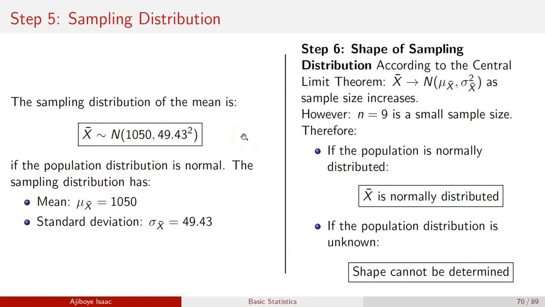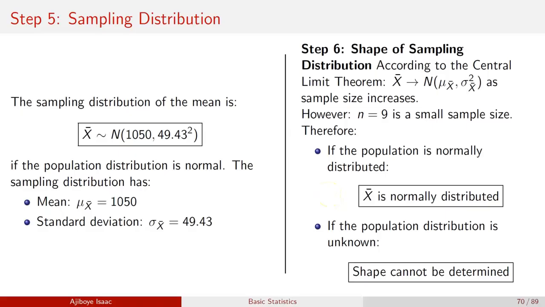So now that we have the mean and standard deviation, we can conclude that the sample means follow a normal distribution with a mean of 1050 and a standard deviation of 49.43. So the shape, according to the central limit theorem, is that the population shape also plays a descriptive role for the sampling distribution. Therefore, if the population is normally distributed, the means of the samples will also be normally distributed.